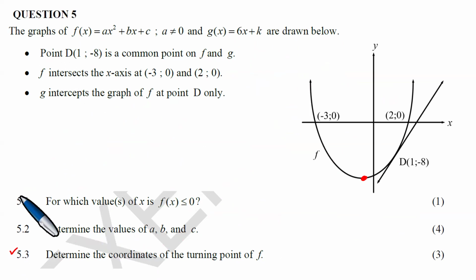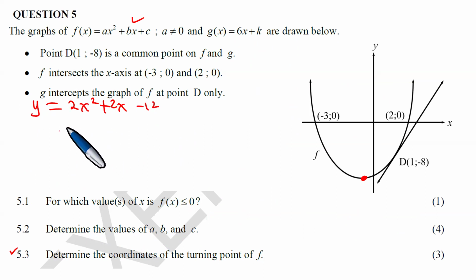So, as a grade 11 child, you need to know that given a parabola whose equation you already know, you already said it is exactly 2x squared plus 2x minus 12, giving us a equals 2, b is 2, c is -12.